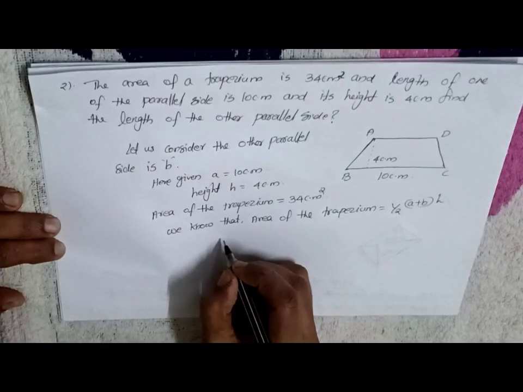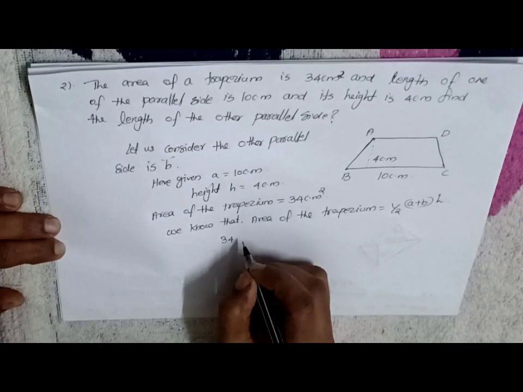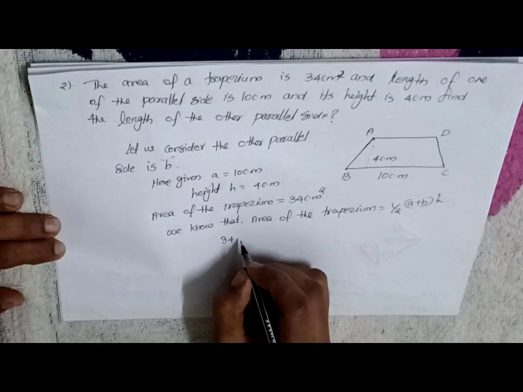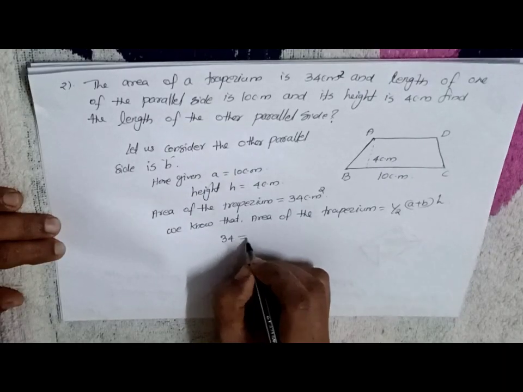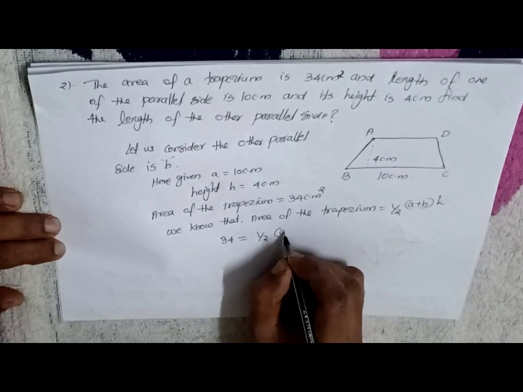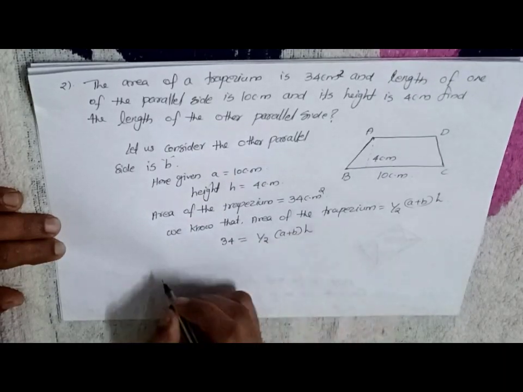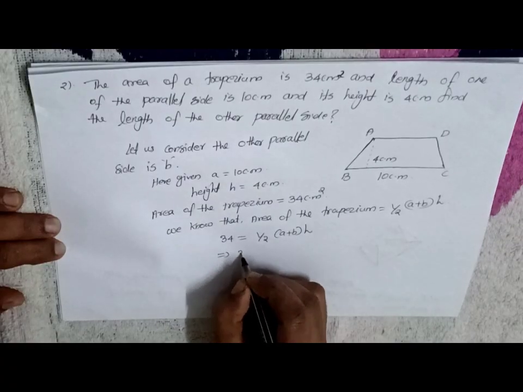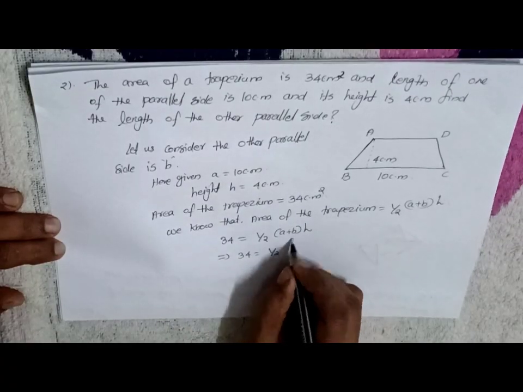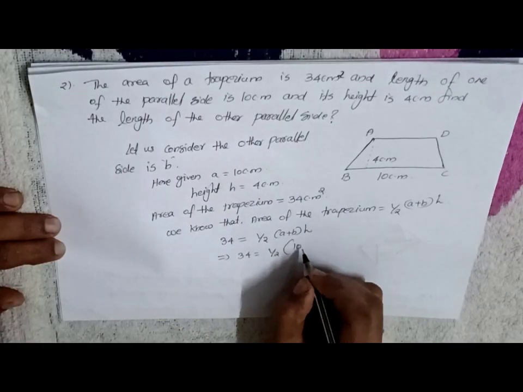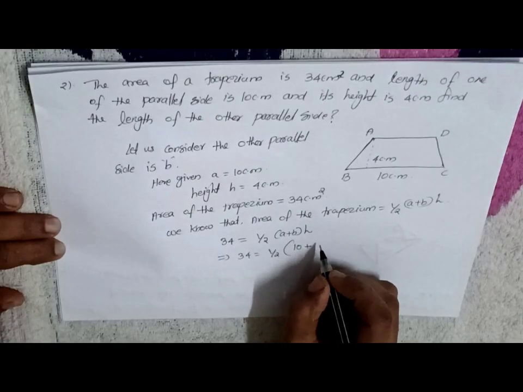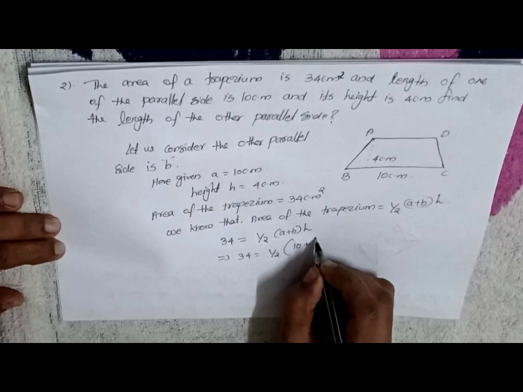Here area is given, that is 34 centimeter square. Therefore, 34 equal to 1 by 2 into A plus B into H. That implies 34 equal to 1 by 2 into A is 10 centimeter plus B is the other parallel side. It is unknown. Here we have to find out the parallel side B.